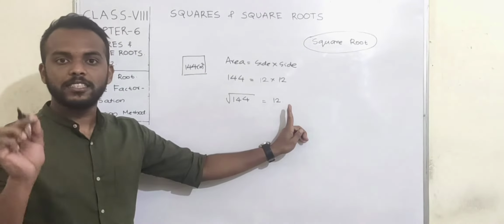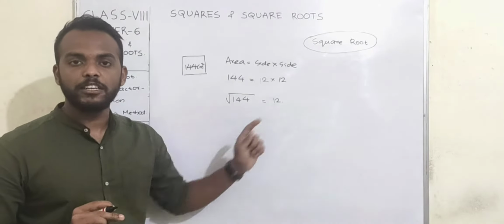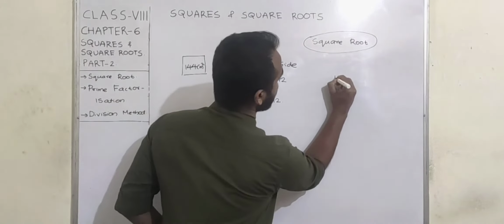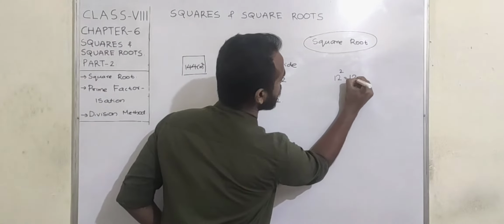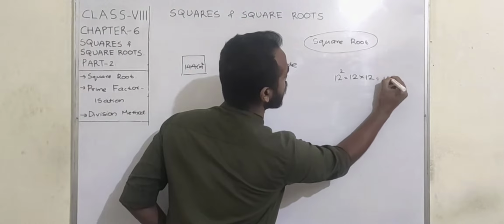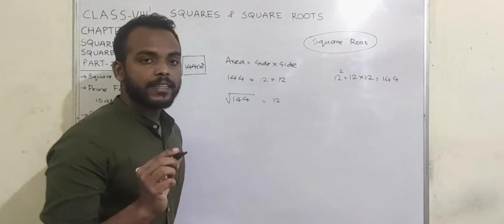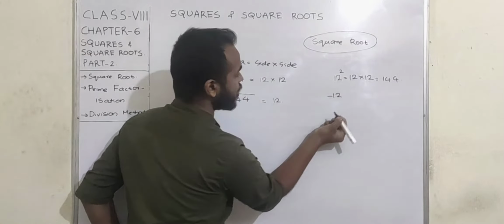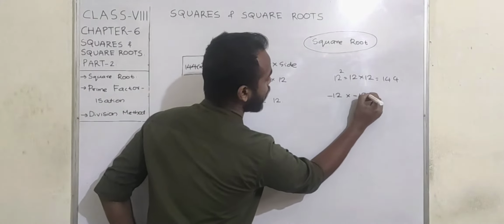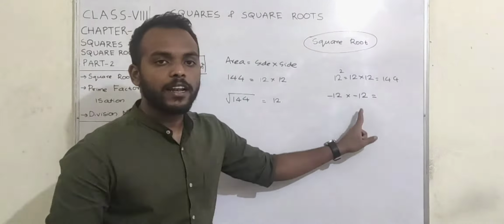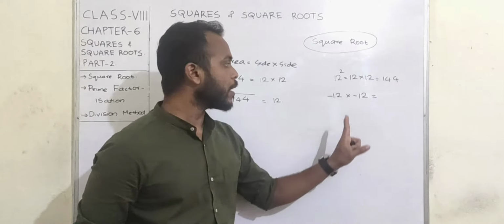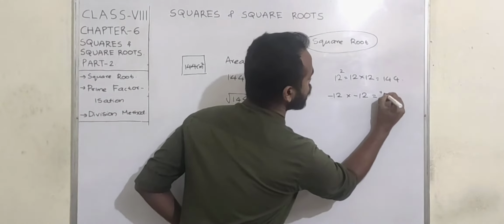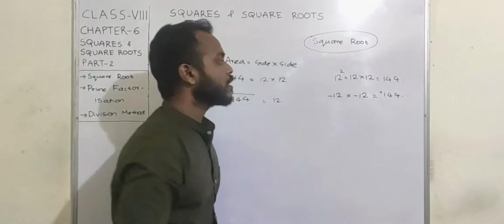But there is a small additional piece of information you should be aware of. Obviously 12 square is nothing but 12 times 12, which gives us 144. At the same time, if you find the product of minus 12 and minus 12, you will still get the same number. Why? Because when we multiply two negative numbers, it turns out to be a positive number.